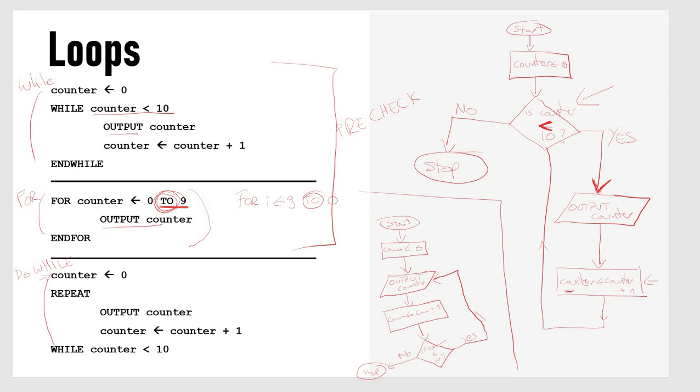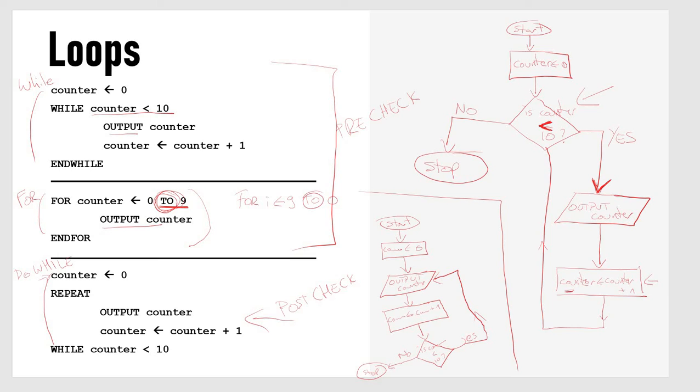So this is what you call a post check. And the reason why this loop is used in programming is if you want the instructions to execute at least once, regardless of whether the condition is true or false.